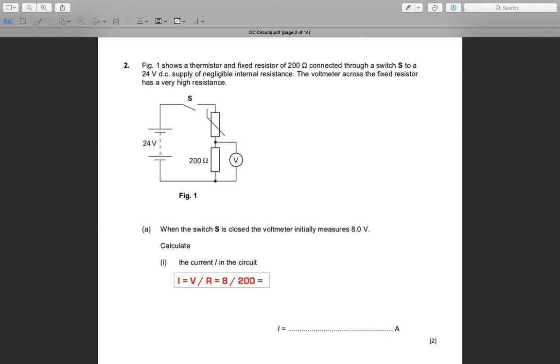So we get 0.04 ampere, which is actually 40 milliampere, because ampere to milliampere is multiplication by 1000, so 0.04 times 1000 equals 40 milliampere.